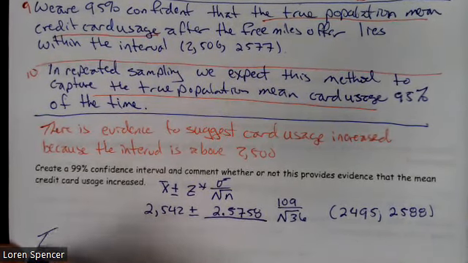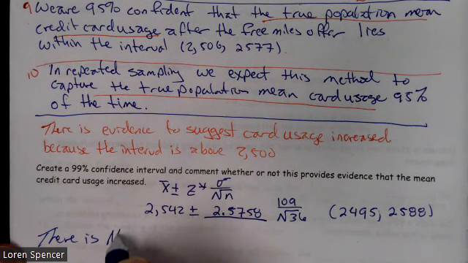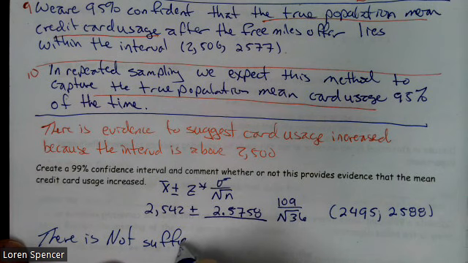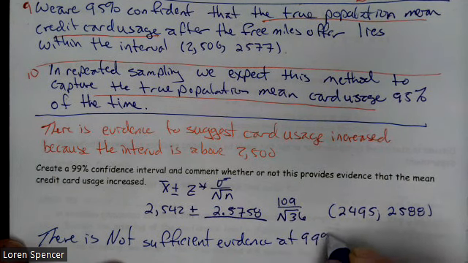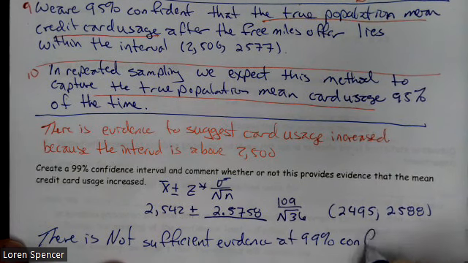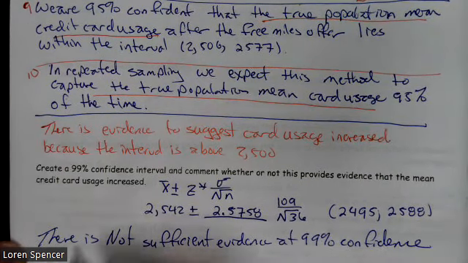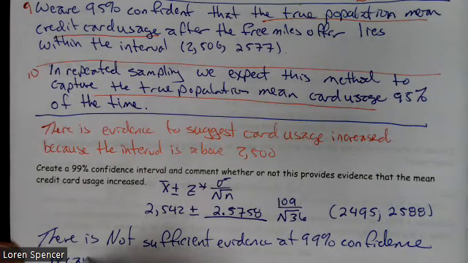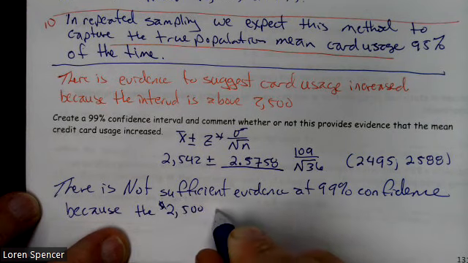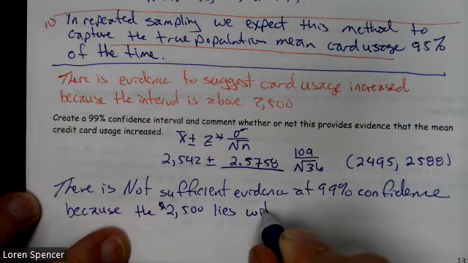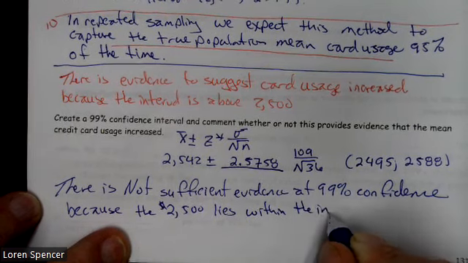So there is not sufficient evidence at 99% confidence because the 2,500 lies within the interval.